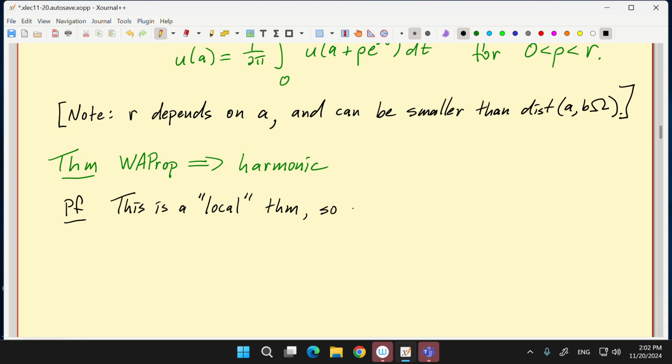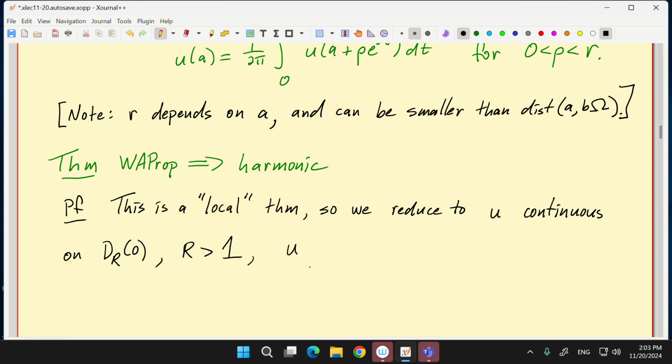So I'll reduce to u continuous on a disk of radius capital R about 0, where R is bigger than 1, and u satisfies the weak averaging property inside that disk.